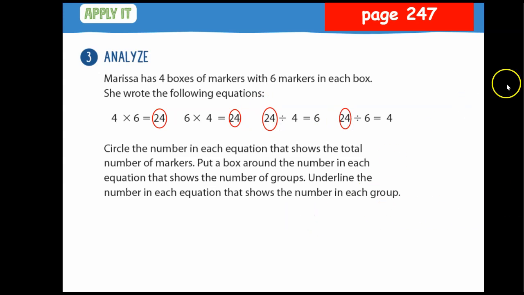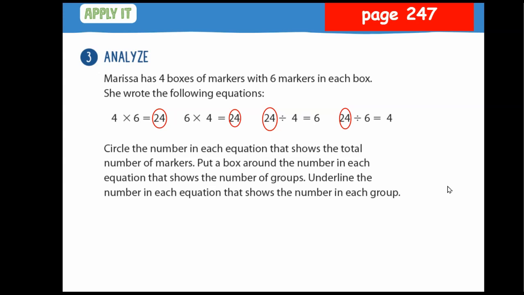Okay. Then it says put a box around the number in each equation that shows the number of groups. Is that the boxes or the markers in each box? So remember, groups is what I put stuff in, right? So what is she putting the markers in? The box. So the boxes are my groups because I'm going to put stuff in the boxes, right?